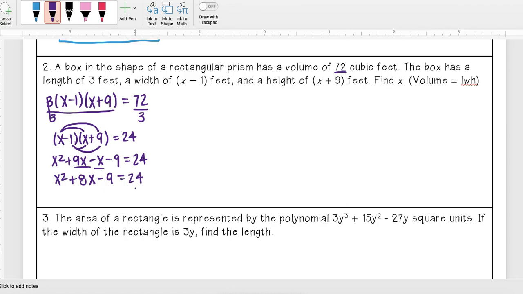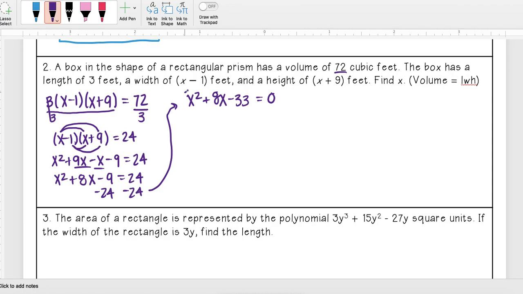And now from here, I want to subtract the 24 from both sides. And so I have x squared plus 8x minus 33 is equal to 0. Now that I have this set equal to 0, I can go ahead and factor this and then solve it.